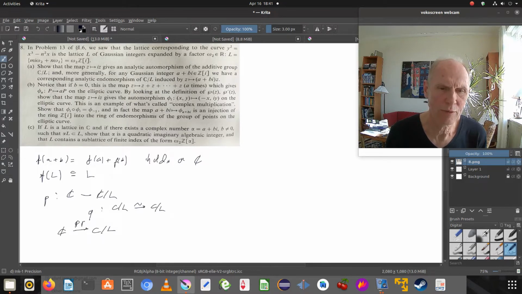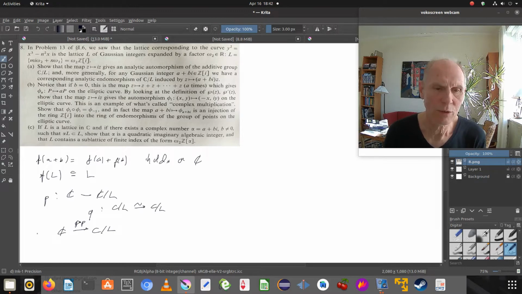Phi of the projection. Now C itself, or R squared, is simply connected, so this may be lifted to a map.